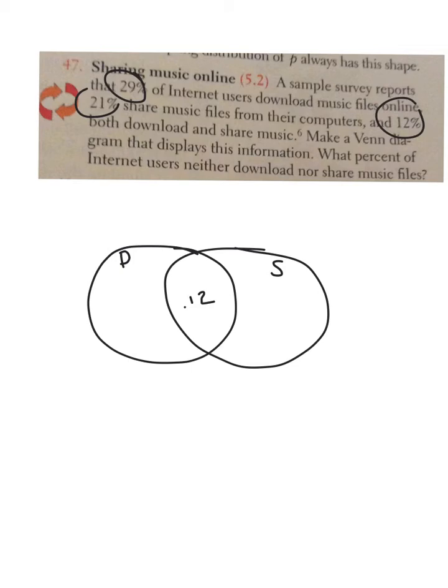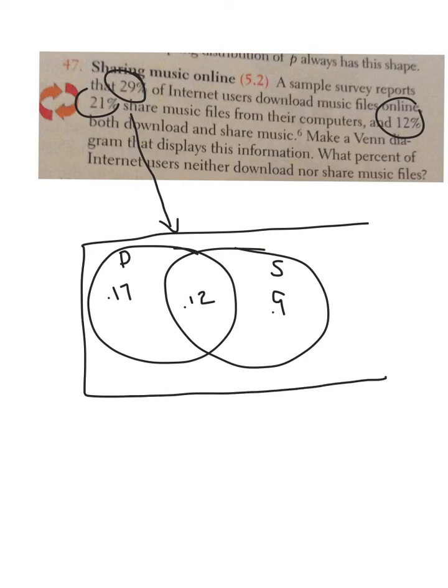So we get 0.17 on this side, because 17 and 12 added together is 29, and then 9 share. And then we have the other people that don't do either of those things, and that would be 62%. Okay, so there's that. Let's look at the next one.